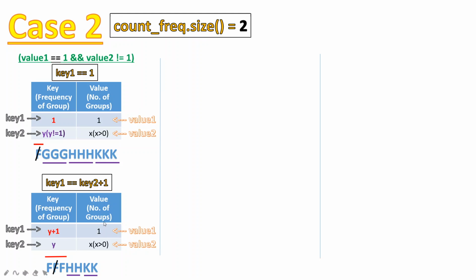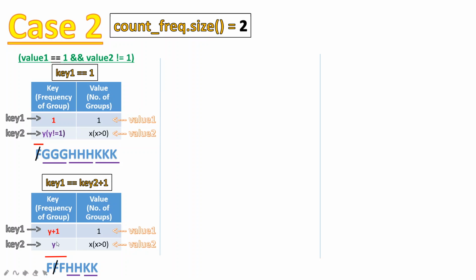So a single group, that is right here, that is when value 1 is 1 and the corresponding frequency is a higher frequency, then we can cancel out F from the higher frequency group, one of its elements, so that it gets converted to the lower frequency group.